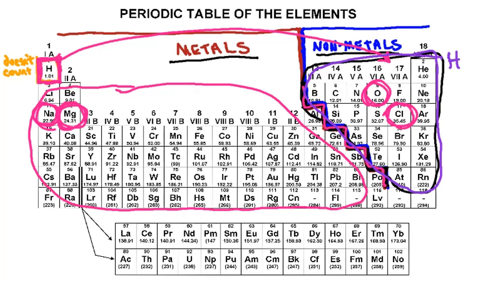Hydrogen also counts as a nonmetal. So a covalent bond is going to be between two or more elements that are only from the right side of the periodic table, like oxygen and fluorine together. Those would be both nonmetals, so that would be a covalent bond.